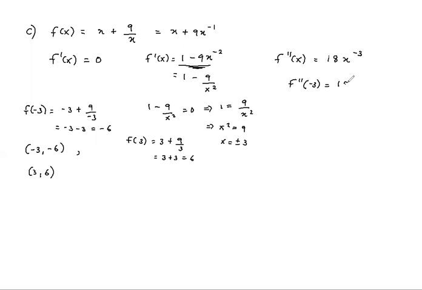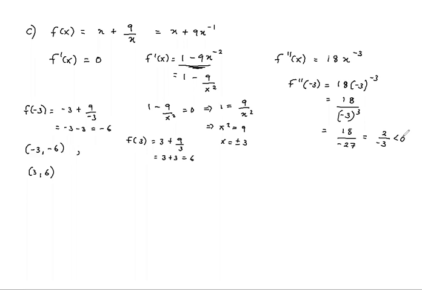So you get 18 times negative 3 to the power negative 3. This means that you're dealing with 18 over negative 3 to the power 3, which is 18 over negative 27. 9 in 18, 2. 9 in 27, 3. Now what you have gotten is less than 0.